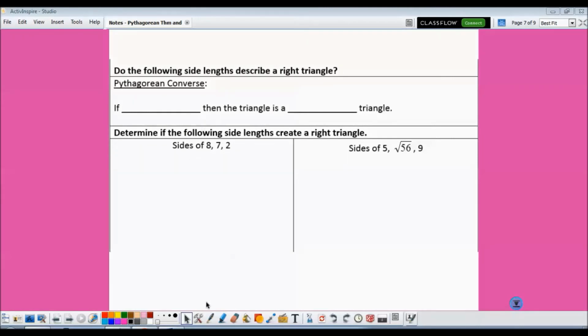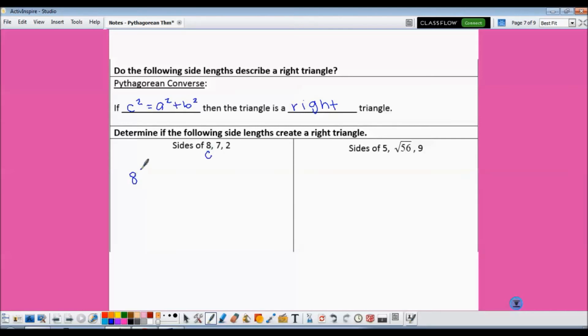All right, do the following side lengths describe a right triangle? In order to figure that out, we need to know the Pythagorean Converse, which says if c squared equals a squared plus b squared, then the triangle is a right triangle. So if we're given the sides 8, 7, and 2, 8 would have to be our c because it's the largest.